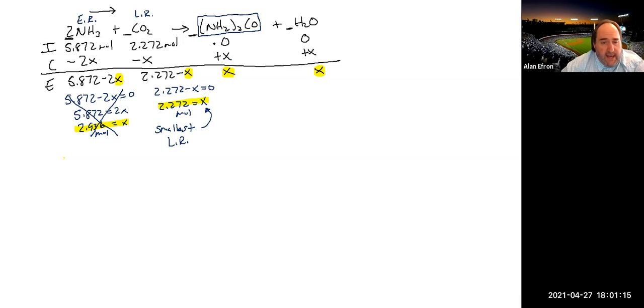So looking at the table, we see that the moles of our product here, based off of the table, is equal to X. And now that we know what X is, we know that basically we have 2.272 moles of our product.